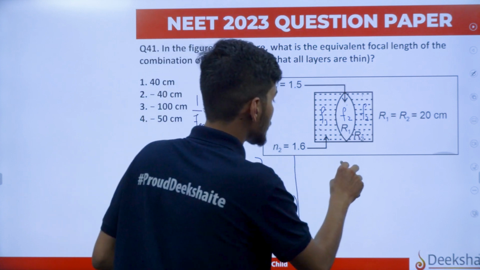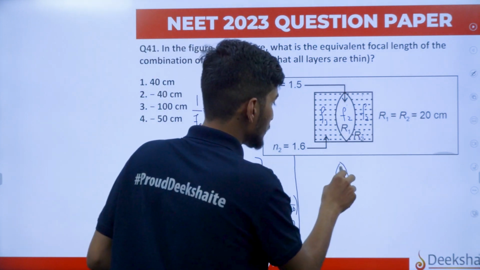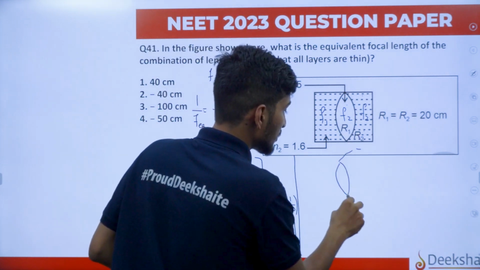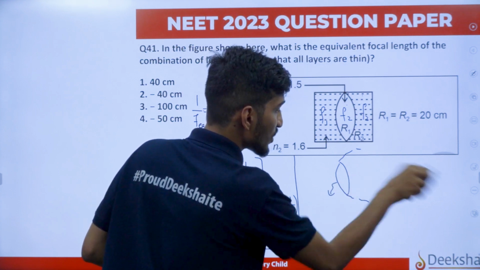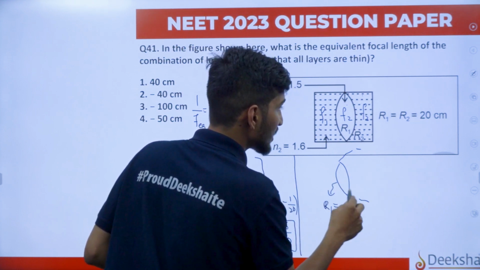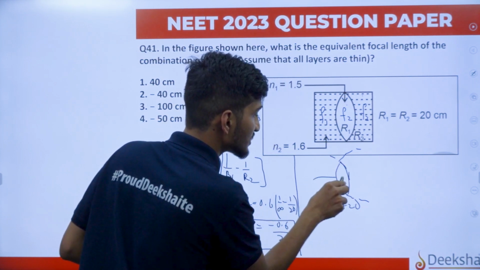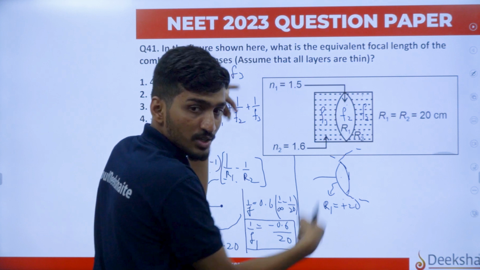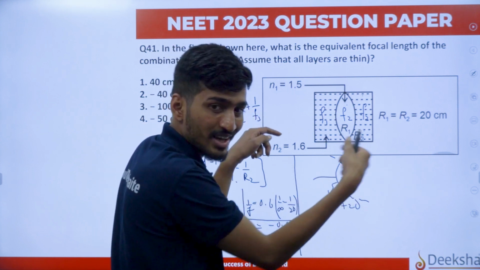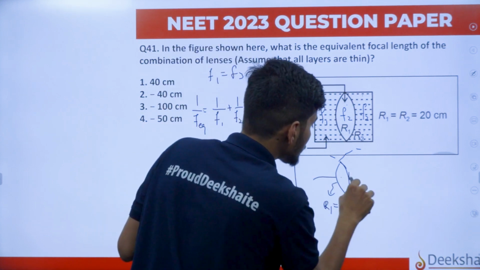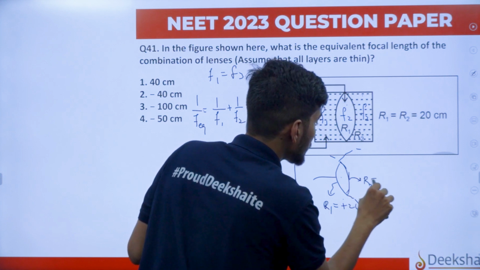Let's move on to the second lens. Let's move on to this convex lens. For this lens, as you can see, this value is positive. So r1 I will write it as plus 20, but you can clearly see the center of curvature for this curve is going to be in this direction, the opposite direction of this. So r2 will be minus 20.